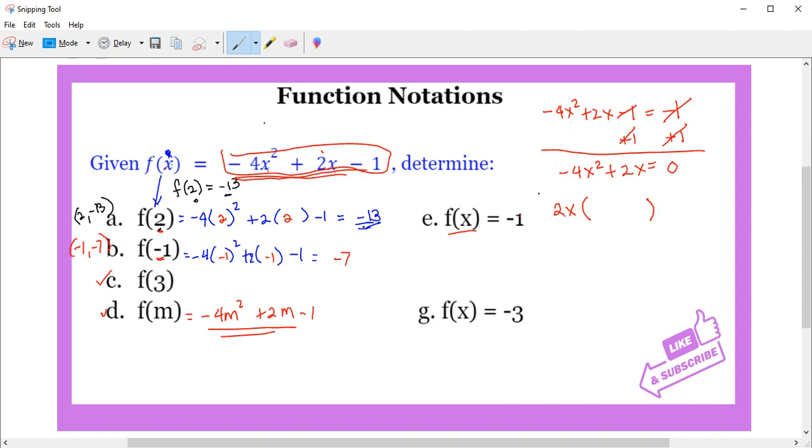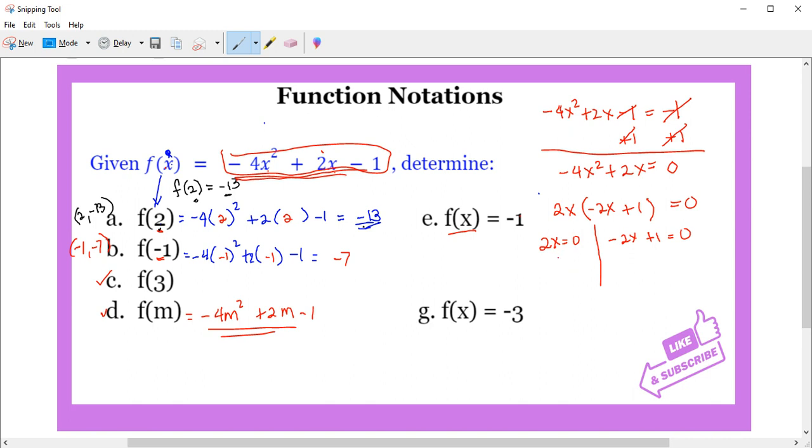Negative 4x squared divided by 2x is negative 2x, and 2x divided by 2x is plus 1, equals 0. Now you have two factors, the 2x and the one in parentheses, so I can set each one to 0. I can say 2x equals 0, and I can also say negative 2x plus 1 equals 0.